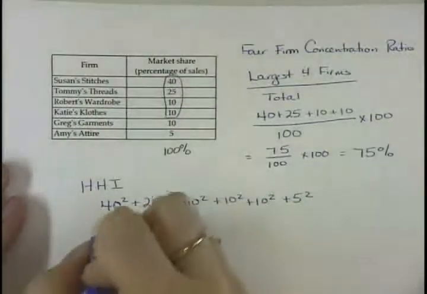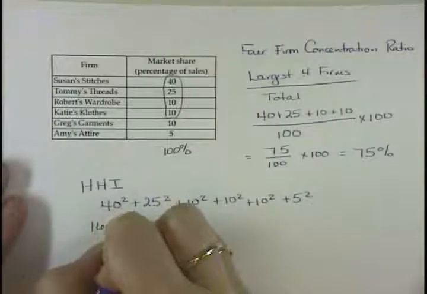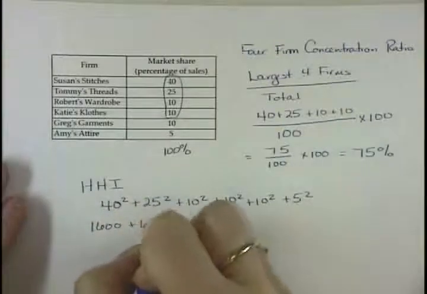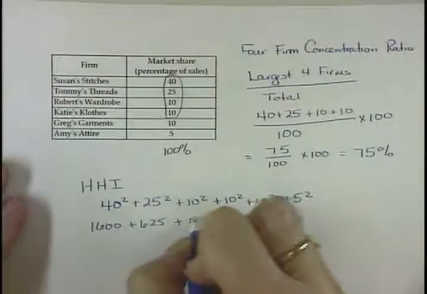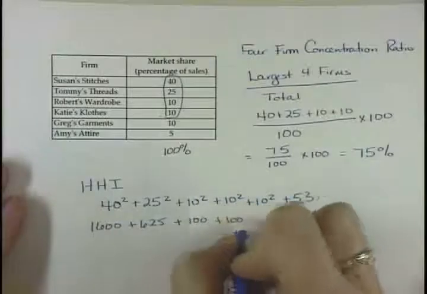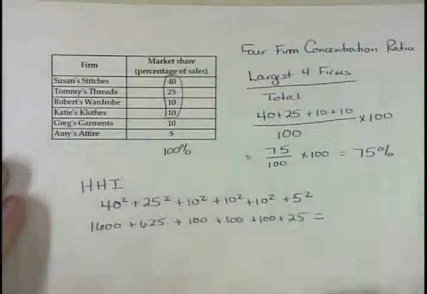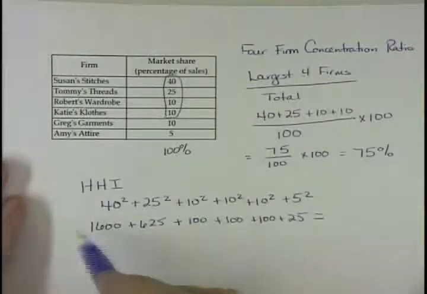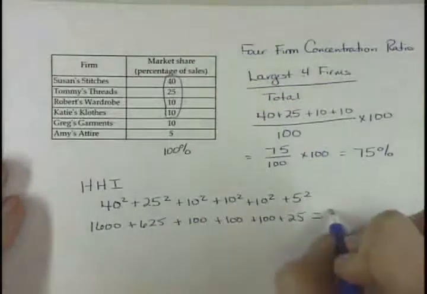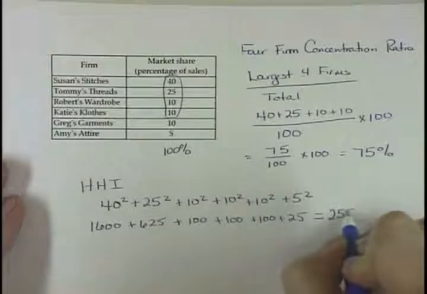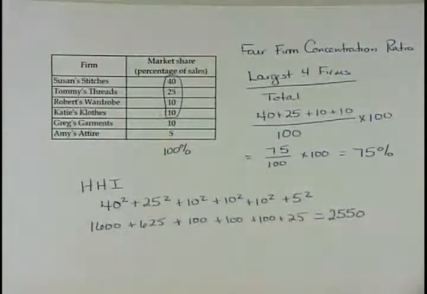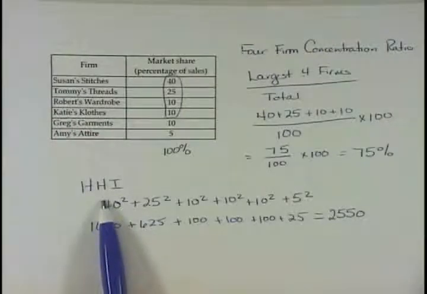Okay, so that would be 40 squared is 1600 plus 625 plus 100 plus 100 plus 100 plus 25. When we add all of those up together, our HHI, our Herfindahl-Hirschman Index, will be 2,550. And if you look in your book, you're going to find what the different levels of the HHI mean.